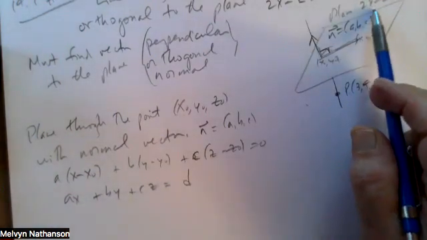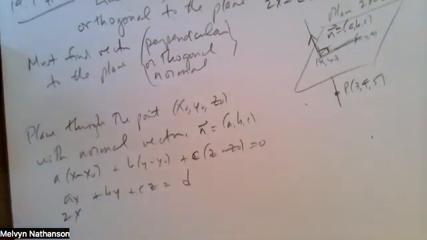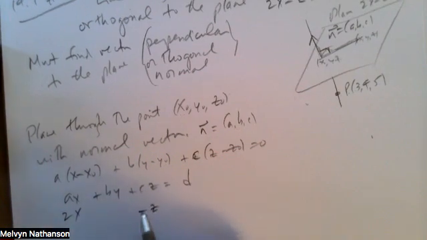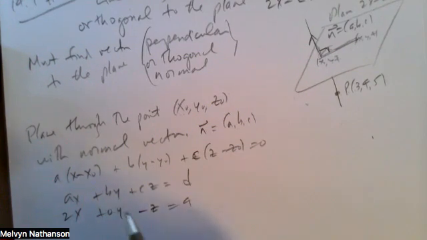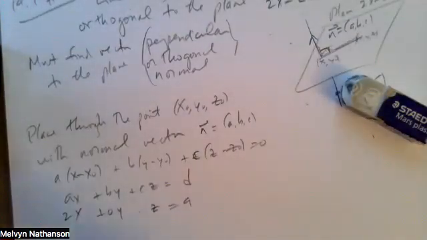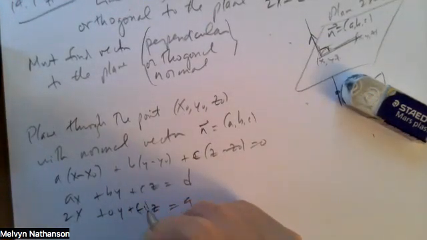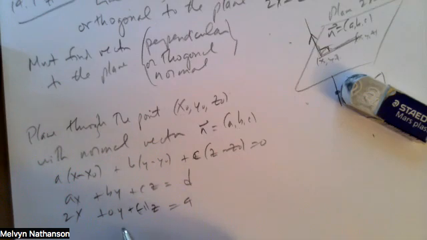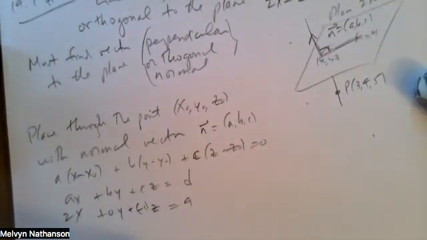Now, where is our plane? Our plane is 2x minus z equals 4. That's like 2 times x plus 0 times y plus minus 1 times z equals 4. So for this plane, the normal vector n has coordinates 2, 0, minus 1.